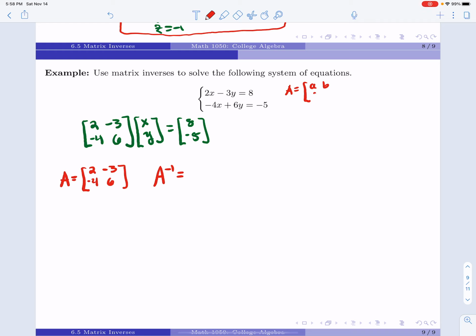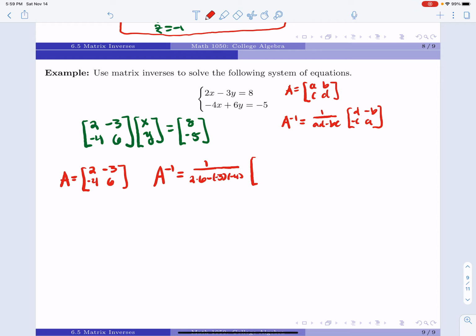Again, if we have a 2 by 2 matrix A, B, C, D, then our inverse matrix is 1 over AD minus BC, multiplied by, we swap our D and our A, and we negate our B and our C. So we get A inverse in this case is 1 over 2 times 6 minus -3 times -4, multiplied by 6, 3, 4, 2.